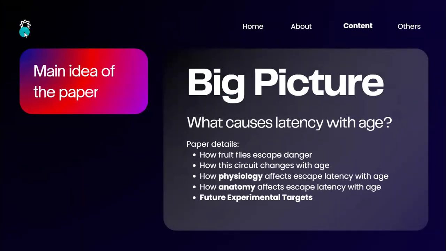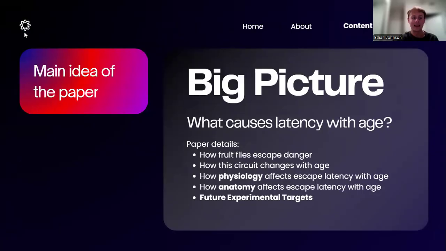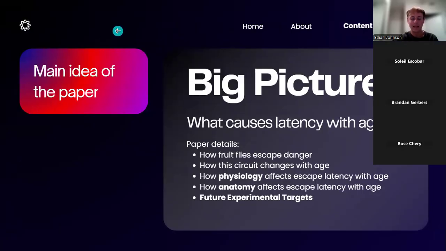So before we get too deep into anything, I think it's good to have a big picture of what is going on, because otherwise you might feel lost in the weeds. So the big picture is we're figuring out what causes this increased latency as the fruit flies age.